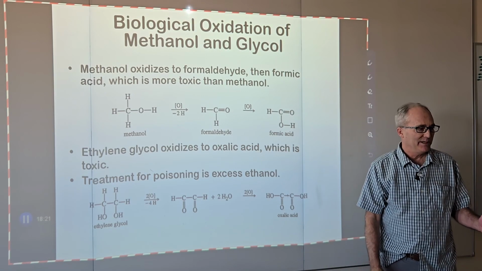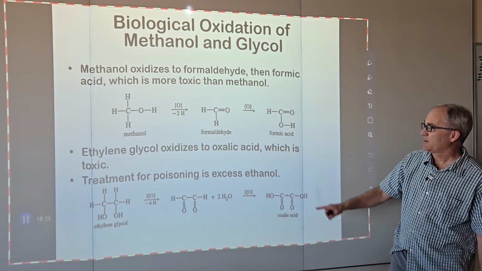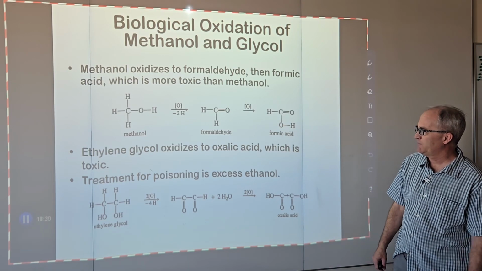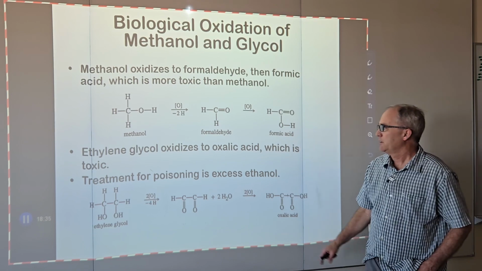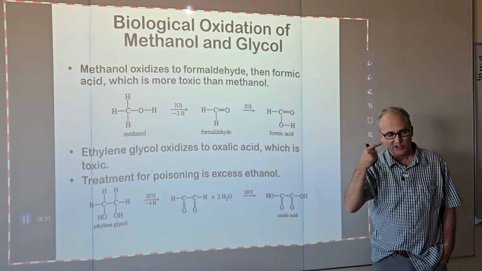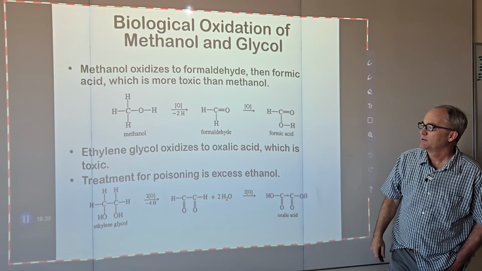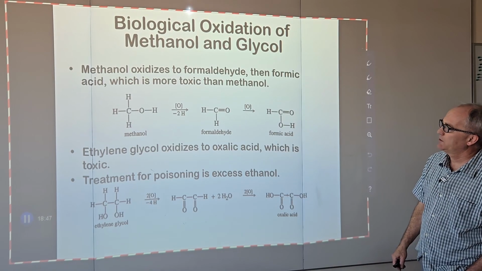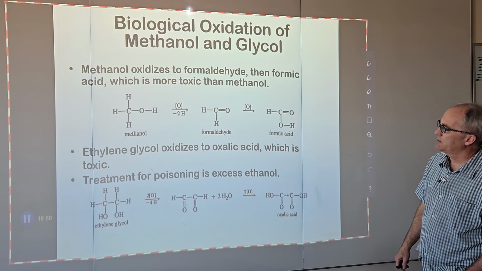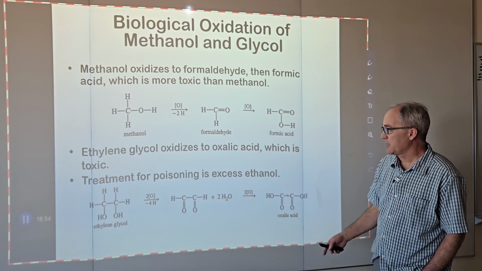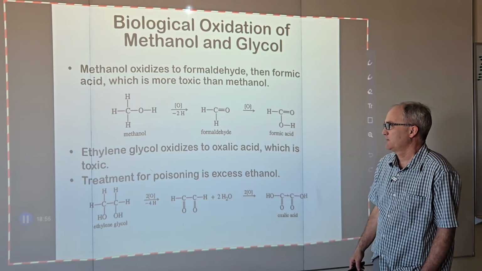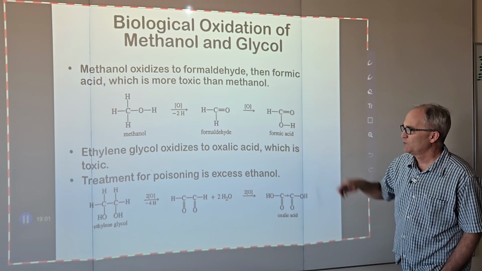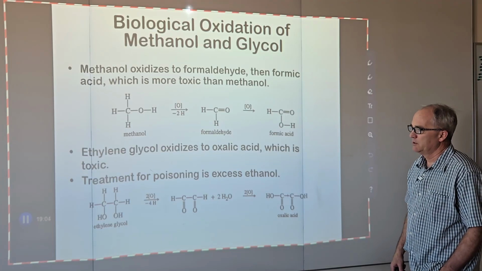How many of you have ever been bitten by a red ant? They form formic acid, and the bite is really just a formic acid burn. And it's this formic acid which destroys your retina real fast. So that is why methanol is more toxic than ethanol. Ethanol gets turned into acetic acid, which is salad dressing, a normal body metabolite. This is not a normal body metabolite.